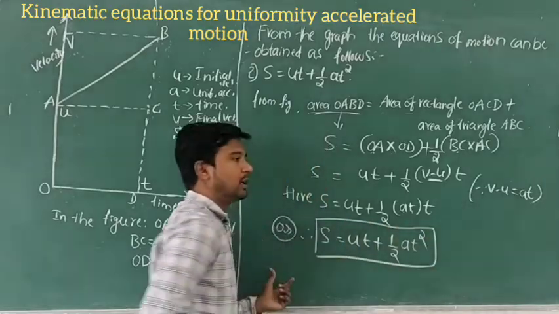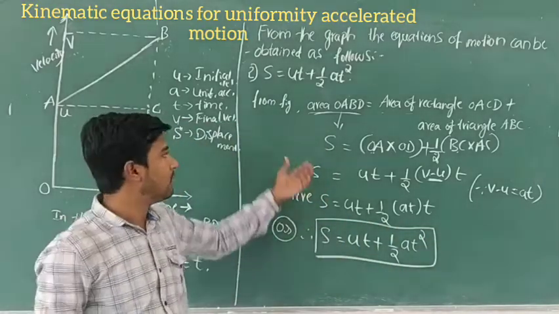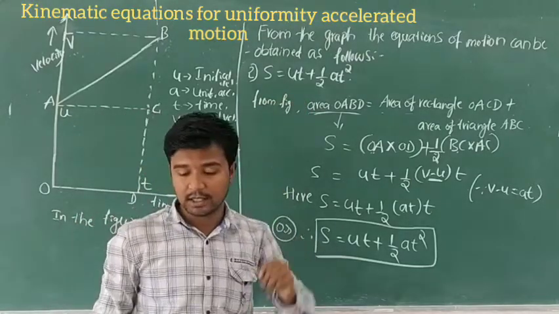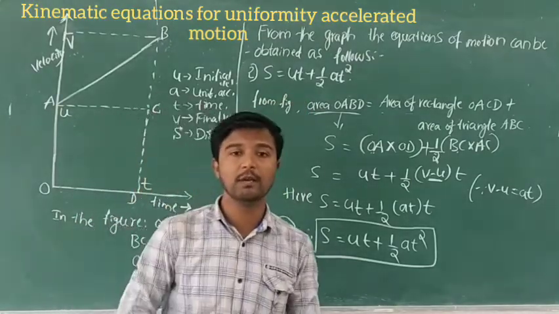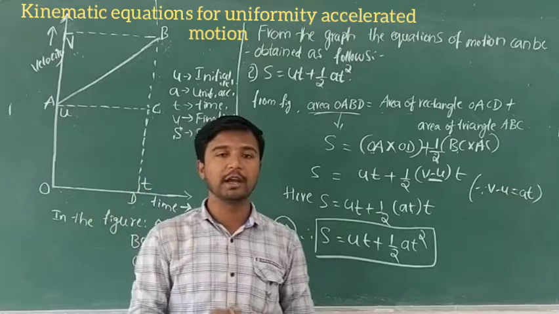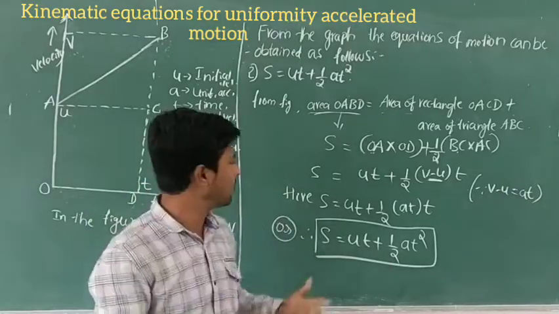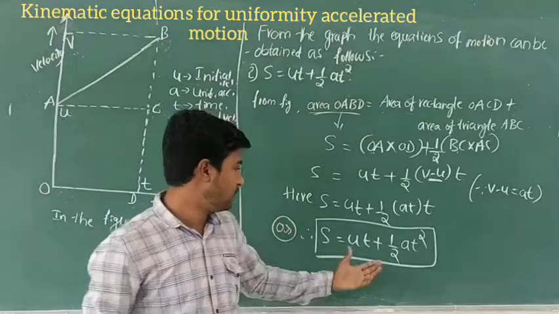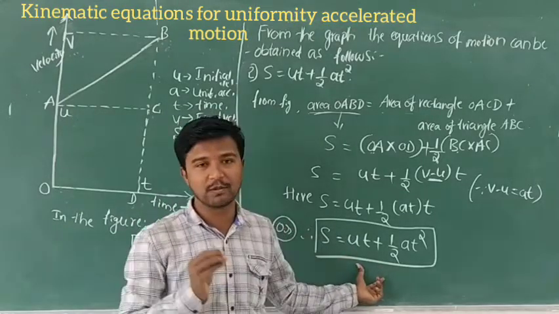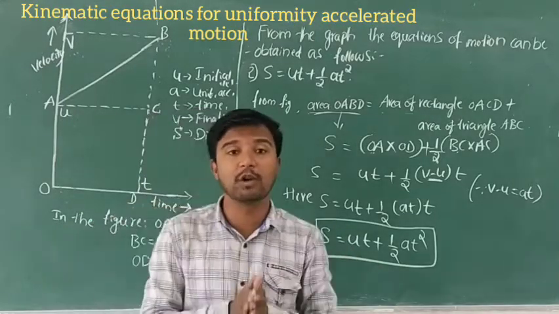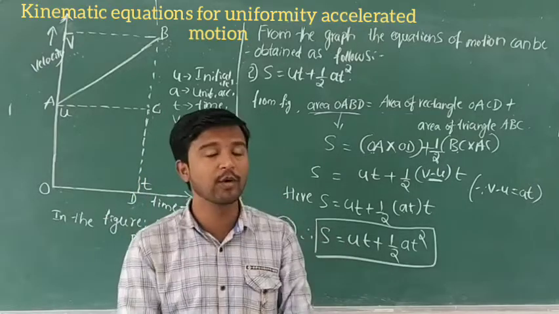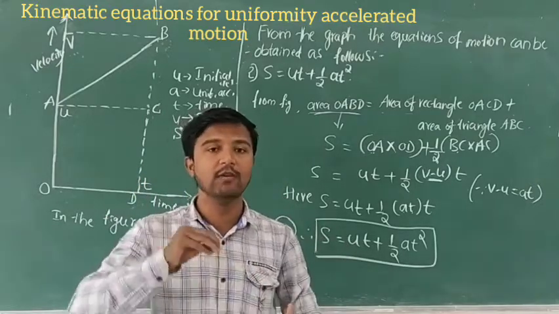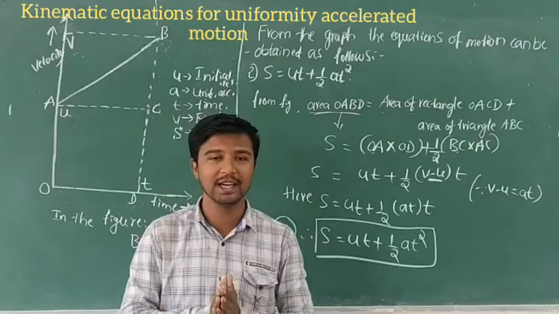This is the final equation, the second kinematic equation of uniformly accelerated motion, S equal to UT plus half AT square. We have to prove this. This is very easy. Please practice one or more times using this graph. There are other equations too. We'll discuss them in the next class. Okay, thank you.